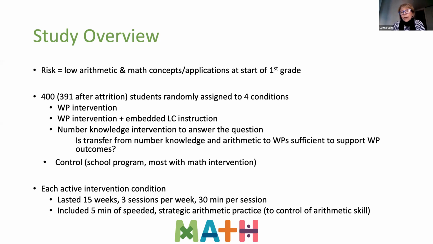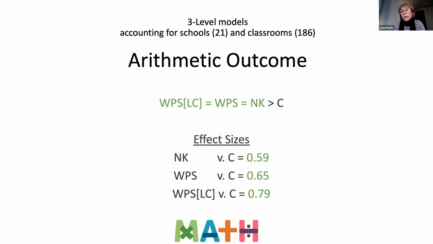We wanted to make sure that all kids in those 3 conditions had good arithmetic skill. What we wanted to know was whether they could solve word problems. You see here that the children in the 3 active conditions had comparable arithmetic performance, and in all those conditions it was stronger than the control group with moderate to strong effect sizes.